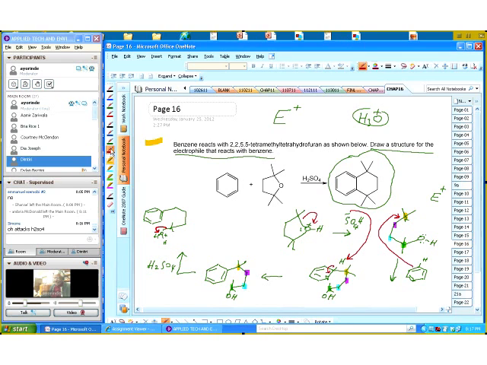And once you lose the water, you now form a carbocation right here. Now another tertiary carbocation, by the way. So you're now going to form another tertiary carbocation. Now we have this here.